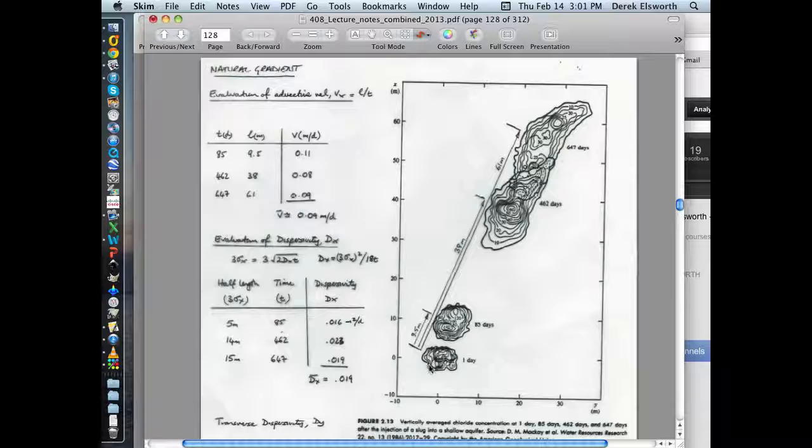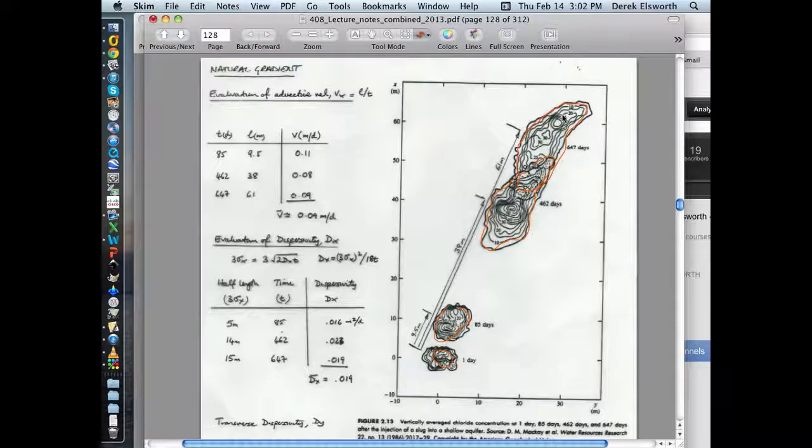The water table is quite shallow. And surprisingly, this isn't such an easy thing to get, obviously, that you have this picture of where this plume has gone from when it was initiated at 1 day to where it was after, I think that says 85 days, to where it was after a year and a third, to where it was at almost 2 years.